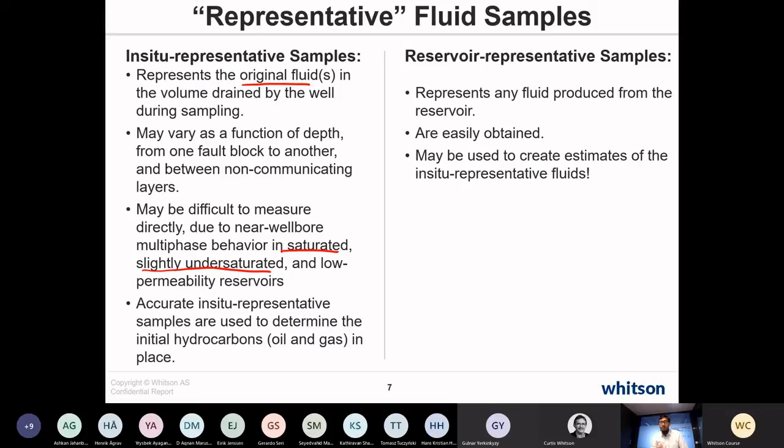Even if you have collected samples at some point in time where the producing well stream composition is not the in situ representative composition, with that sample you are still able to accurately estimate the in situ fluid composition in your reservoir, and you can use that composition to initialize your model.